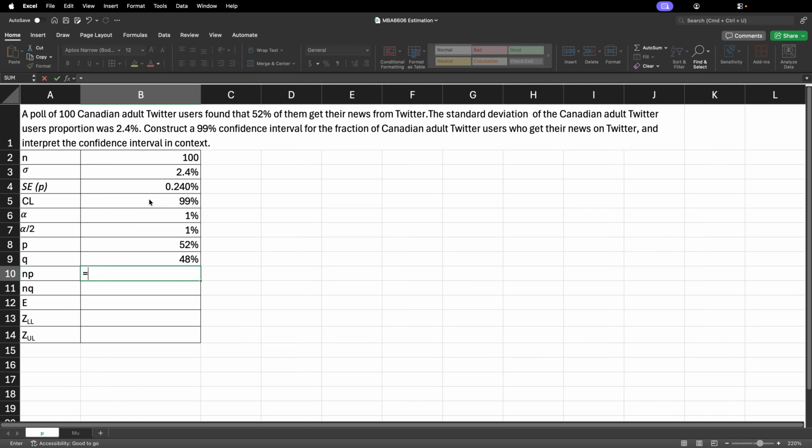So let's see how much is np. 100 times p, that is 52, and 100 times q, which is 48. Both of them are greater than or equal to 5, so we are good with the application of the central limit theorem in this context.